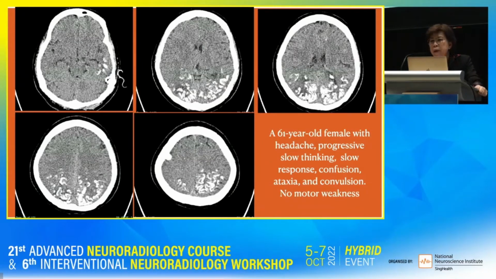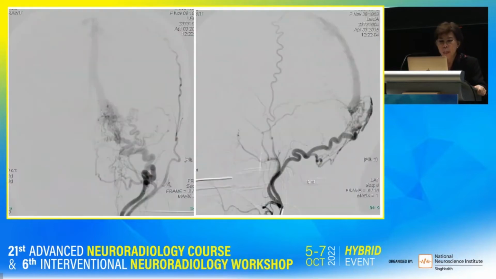She came in because of progressive dementia. Right, something like this, and when you see calcification like this, you already know that this is a very long process, right? So the patient should have had chronic venous hypertension for many years, and this time the patient came in because of significant confusion and convulsion.